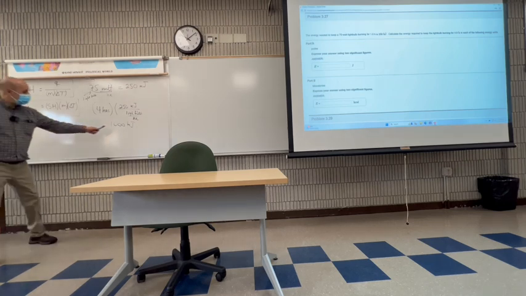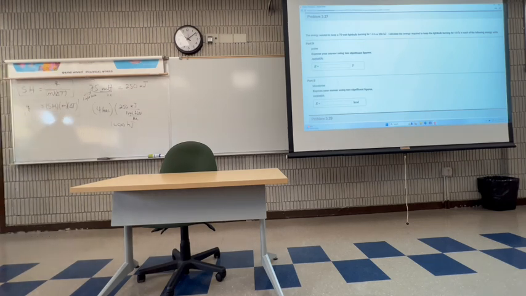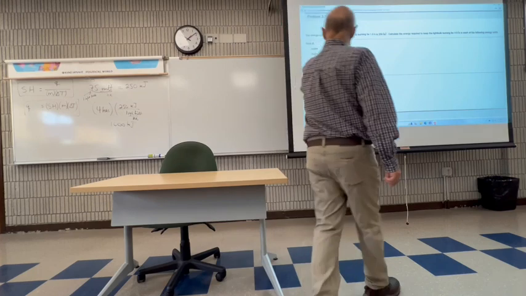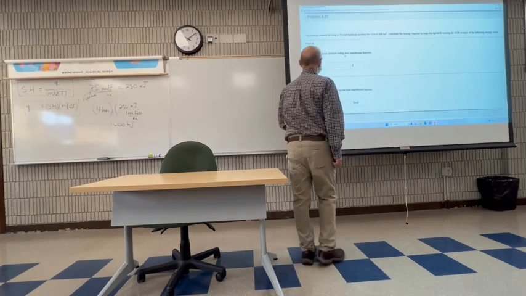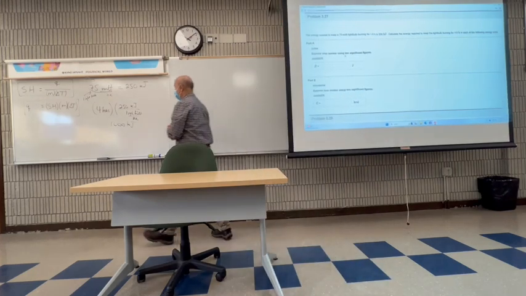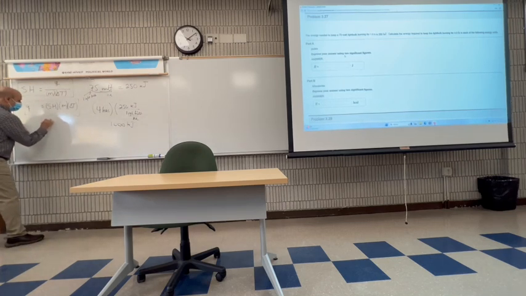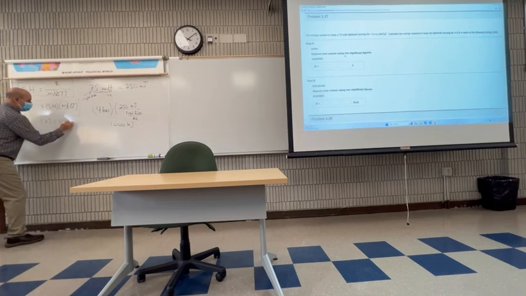Now we have an answer that we need to convert to the different choices here. They want the answer in joules and in two significant digits. So we have 1 kilojoule equals 1,000 joules.